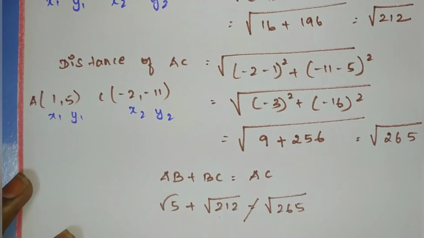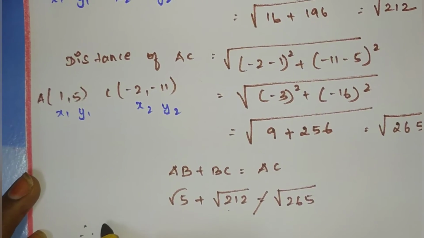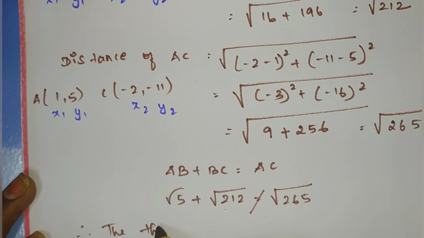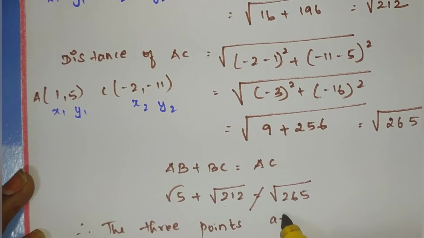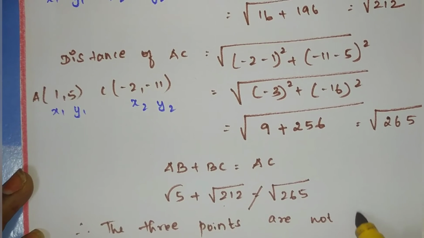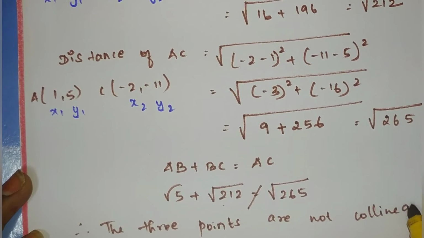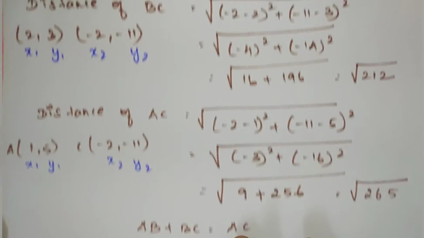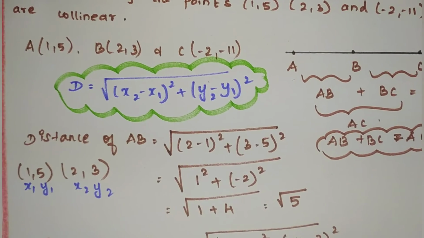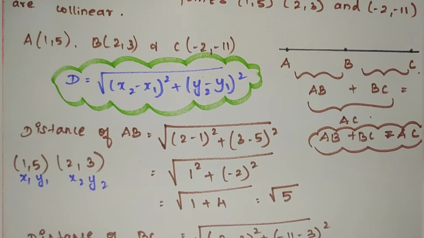No, it is not equal. Therefore, the 3 points are not collinear. Clear, children? Thank you.